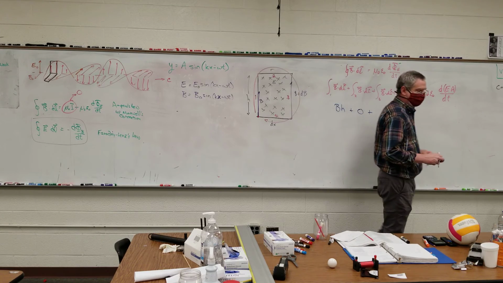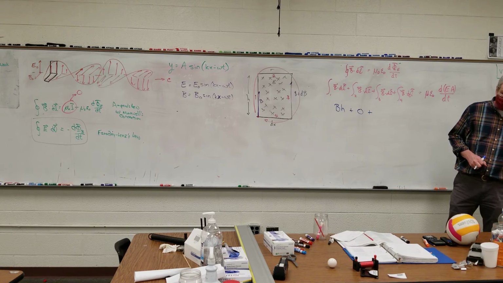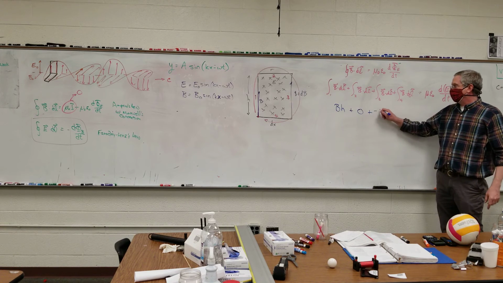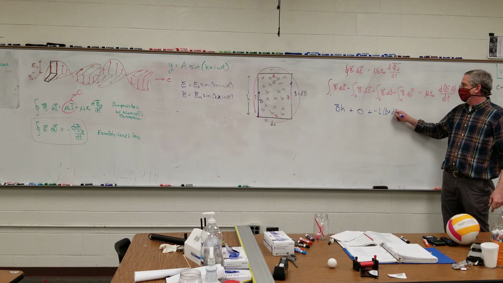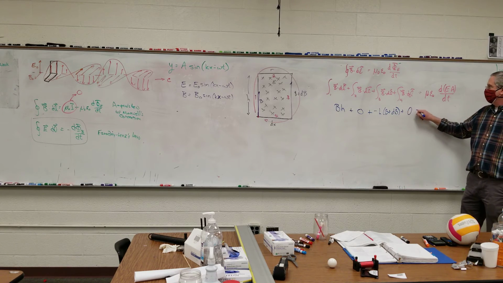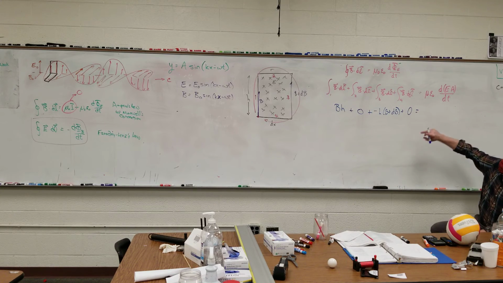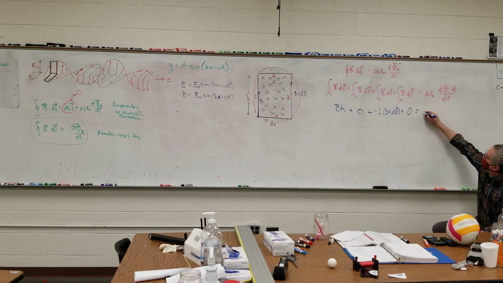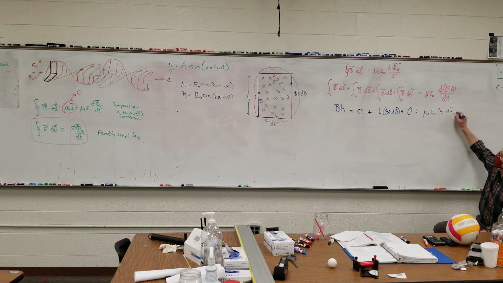Along path 3? Negative H times B plus dB. And then path 4? And that's going to be equal to over here. My area is not changing with time, so that just comes out. So I get mu naught epsilon naught A dE dt.